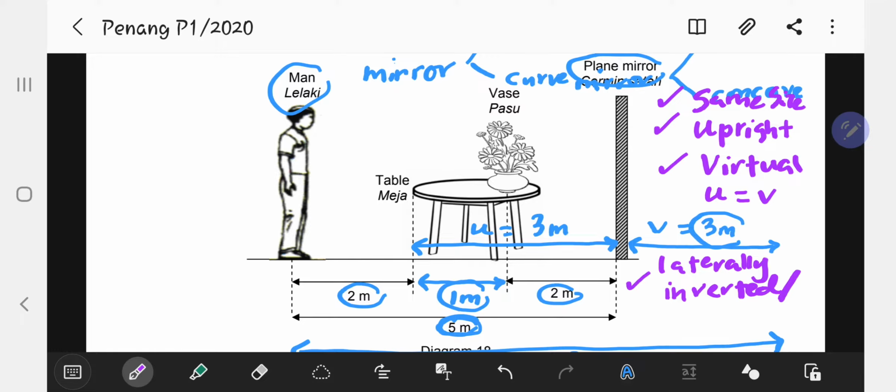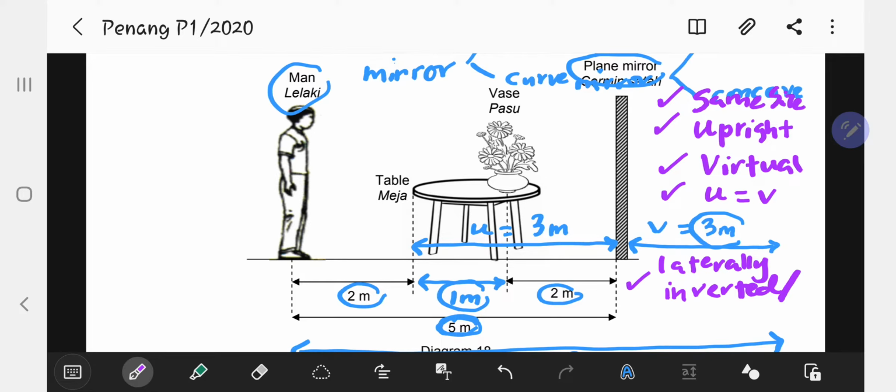Then laterally inverted, and the object distance is the same as the image distance. What is the meaning of laterally inverted? Let's say this man raises his right hand, the image will raise its left hand. That is laterally inverted, songsang sisi.